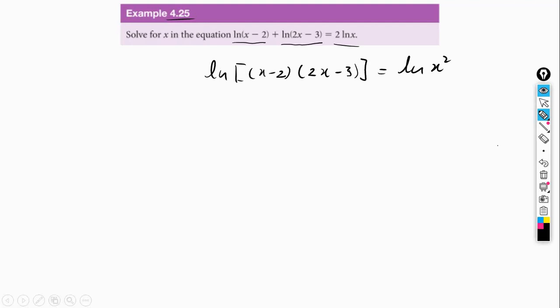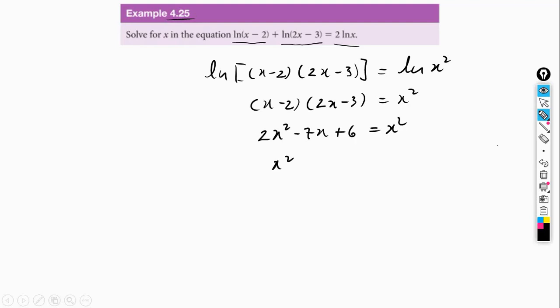And then we can take this from here and say that x minus 2 times 2x minus 3 is equal to x squared. Let's expand here on the left, and we're going to get 2x squared minus 7x plus 6 is equal to x squared, and then x squared minus 7x plus 6 is equal to 0.